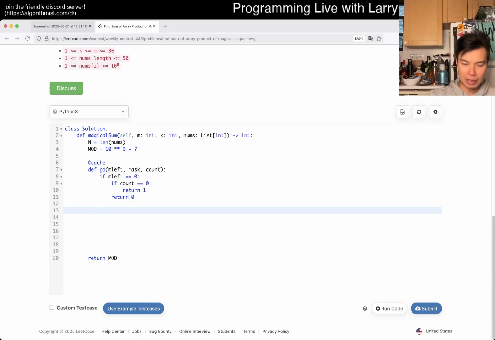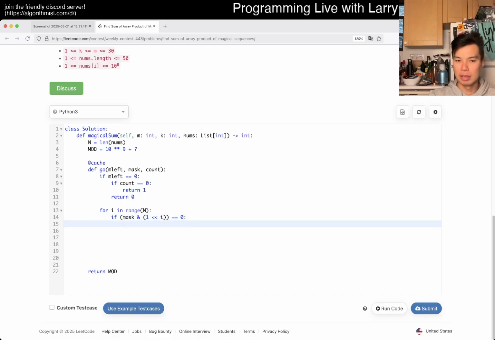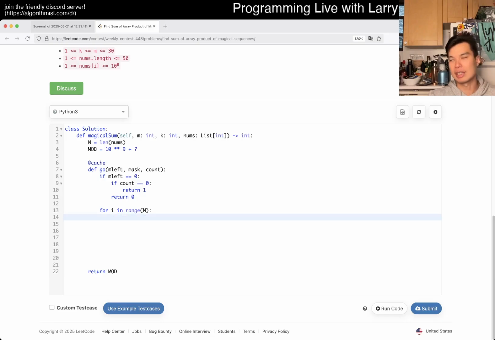And I want to write something like this, but I don't know that that's correct. So now if mask and if this is equal to 0, that means that there's no bit. No, I don't even know how that would work, because it can cascade.